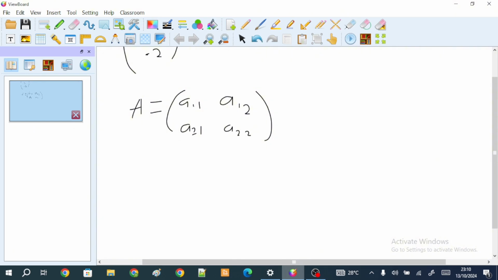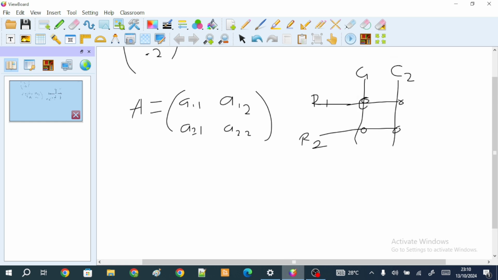So if we use these to represent the 4 elements in this matrix A, we can see that these 2 elements are in row 1. When we move from left to right, we're moving in rows, and then this is row 2. When we move from top to bottom, we're moving in columns. So this is column 1 and this is column 2.